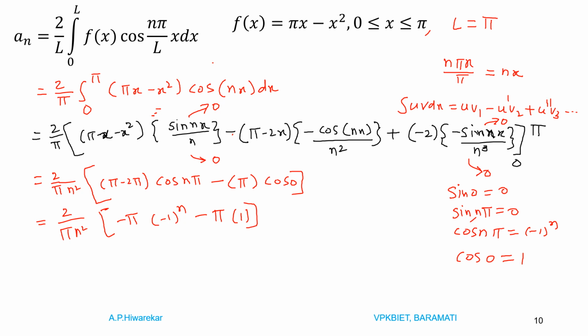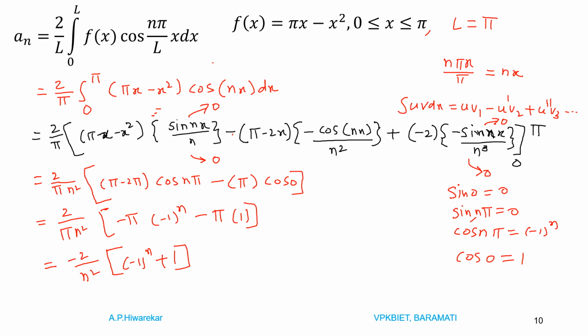So finally we get this value: as minus is taken common, pi gets cancelled. So it is minus 2 by n square, minus 1 power n, minus of minus is plus, because minus is already taken common out. So the value of an is minus 2 by n square, minus 1 power n plus 1.